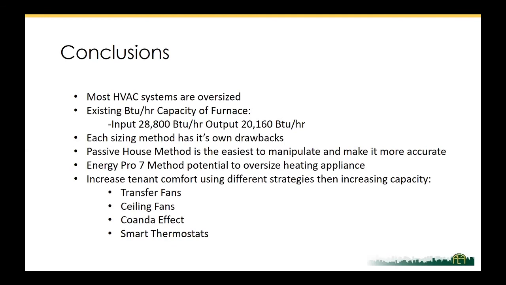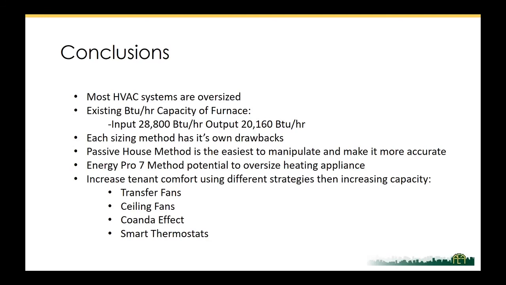So a lot of times we use transfer fans to pull heat. Say the head unit or the package terminal heat pump is in the living room, and you have your door closed and you're asleep and you want to keep your bedroom cool or hot. You can have a transfer fan that fits into the stud that pulls heat from the living room into your room. Ceiling fans are great for circulating hot air as well, or cool air.